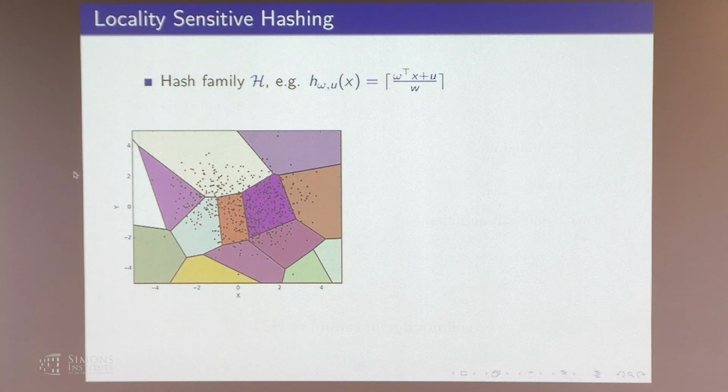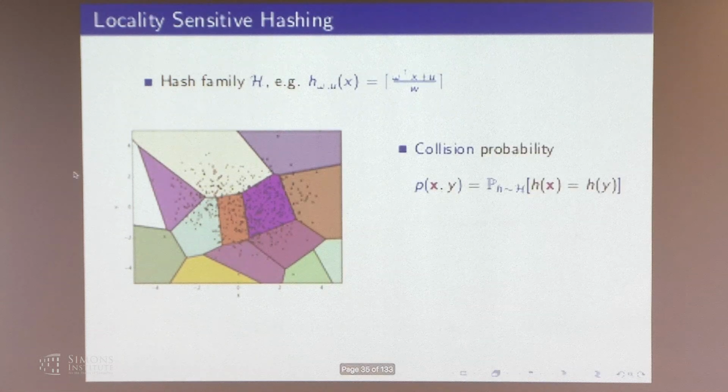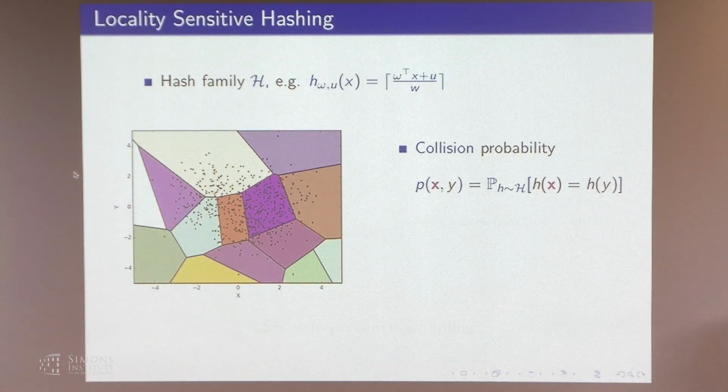How does this technique work? Well, you typically have some family of hash functions. Given a point, this computes a value. There's a distribution of these hash functions. Now, there's also a collision probability. Given points x and y, you can look at the probability that x and y land up in the same bucket if you pick a random hash function from this family.